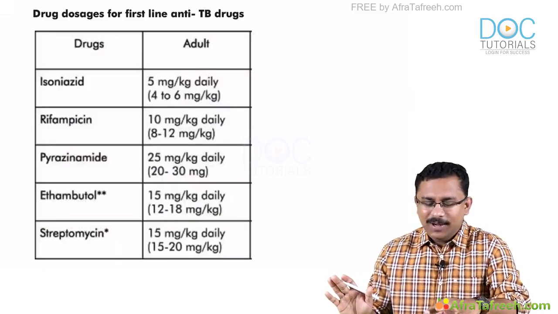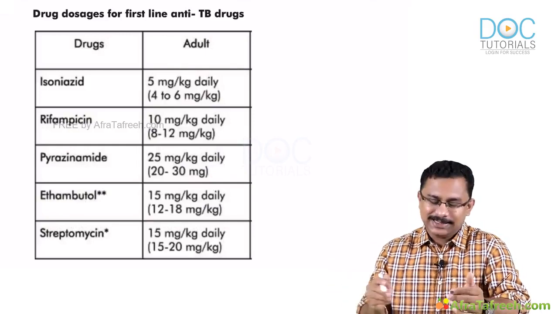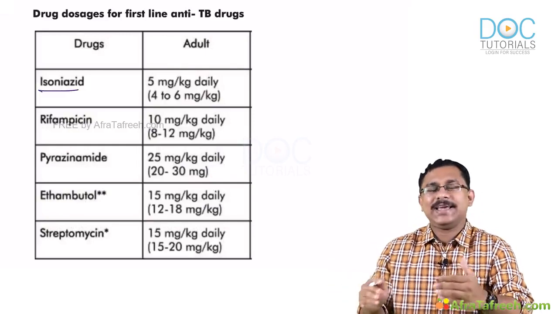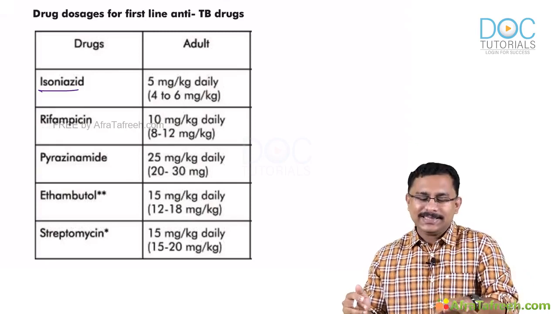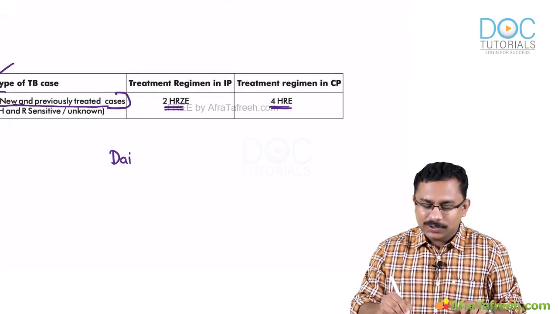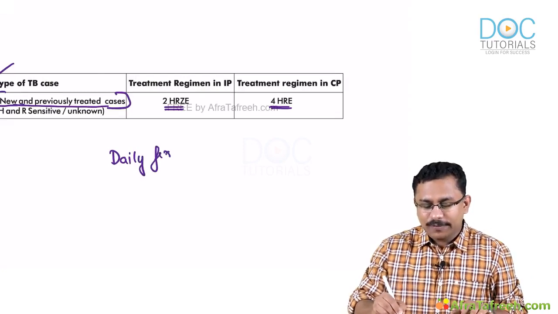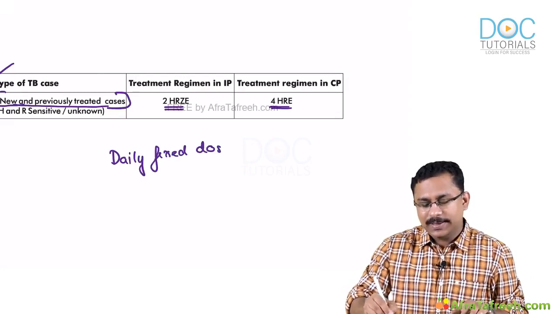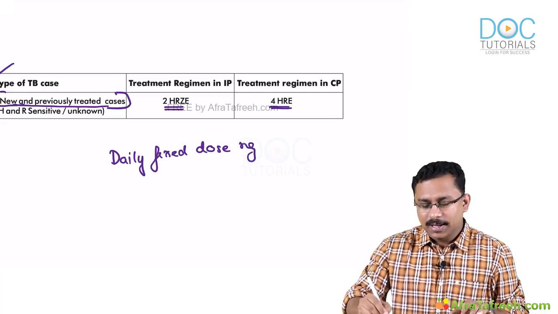Now, what are the typical dosages used in case of adults? The treatment that is given is a daily fixed dose regimen, based on body weight.